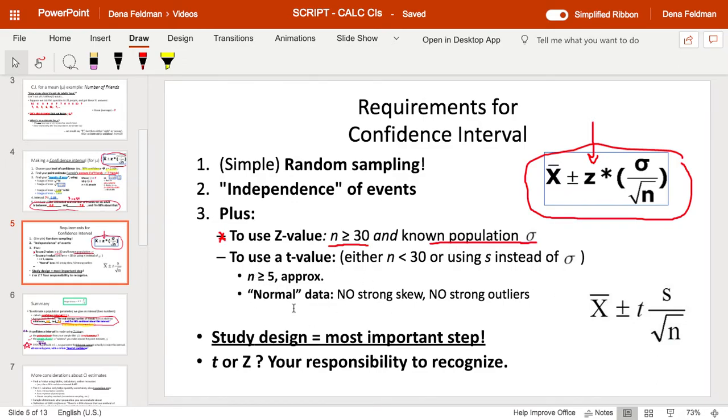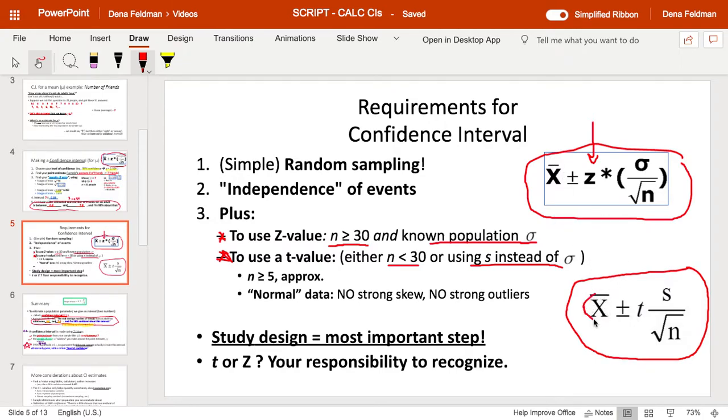And what happens in the case that you're not able to use the z-value and you use a t-value? Well, if either of those happen to be true, then what we'd be using is just a variation of the formula that we used in our example. It's roughly the same in that there is the point estimate, and then plus or minus a margin of error, and that margin of error just replaces the z number with a t number.